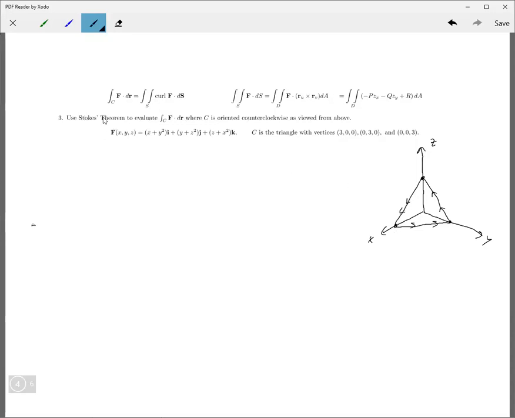However, we're supposed to use Stokes Theorem, so that means that we're going to evaluate this one instead, the curl of F dot dS. So the surface would be this surface right here.